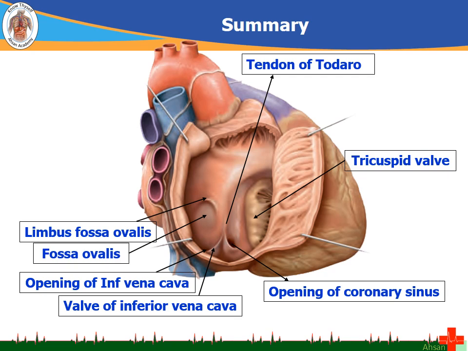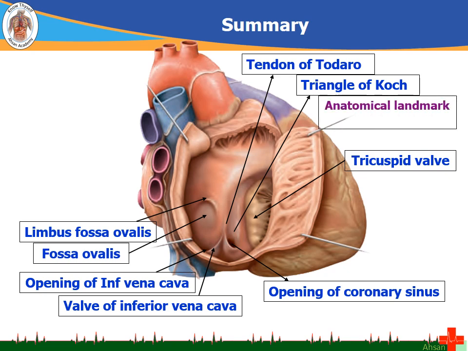So this tendon of Todaro and this cusp, this is the triangle of Koch. It is the anatomical landmark where the AV node is situated deep to the endocardium.